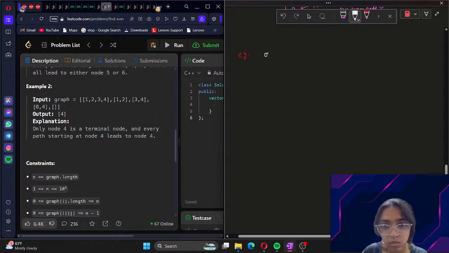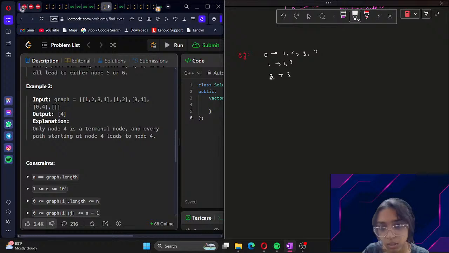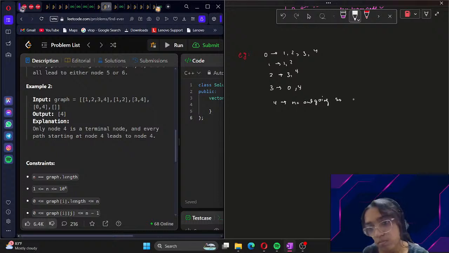Node 0 goes to 1, 2, 3, 4. Node 1 goes to 1, 2. 2 goes to 3, 4. Node 3 goes to 0, 4. And node 4 has no outgoing, so gonna be a terminal node.